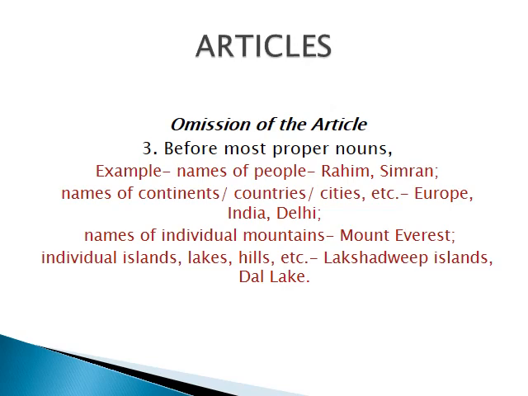Article is also omitted before most proper nouns. For example, with the names of people, Rahim, Simran, with the names of continents, countries, cities, etc. For example, Europe, India, Delhi, with names of individual mountains.